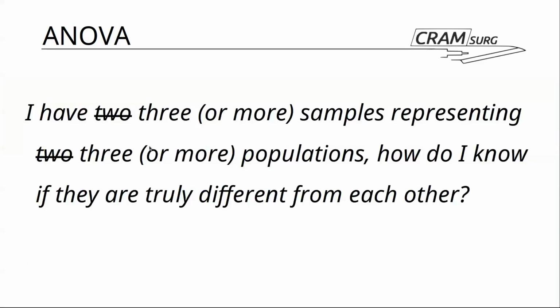If Student's t was about two samples of continuous variables from two populations, ANOVA generalizes that to more than two. So if you have three or more samples representing three or more populations, you're asking yourself, how do I know if these three different samples really belong to three different populations and are truly different from each other?